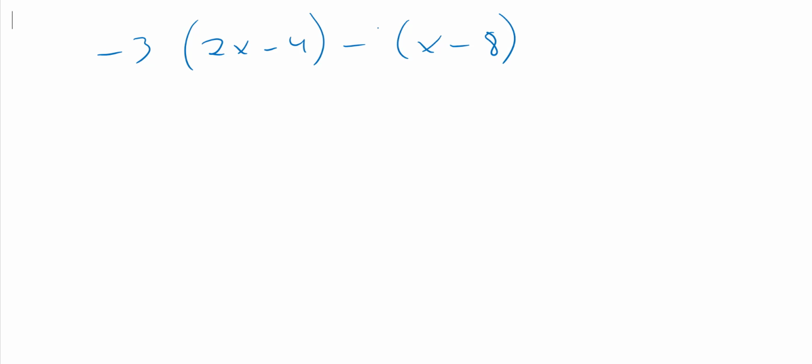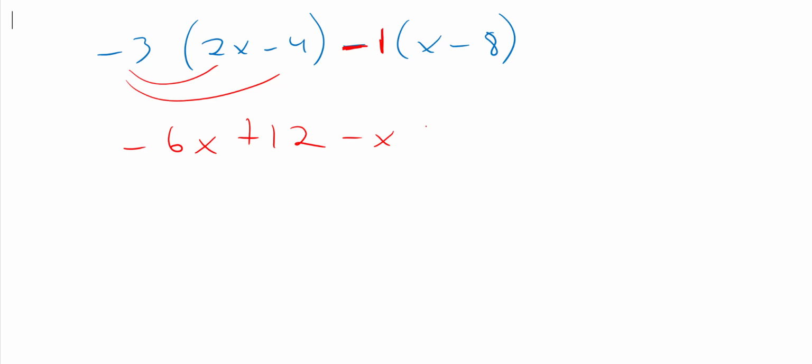So remember, if that helps, make this a negative 1 here to help you distribute. So it's going to be negative 3 times the 2x and negative 3 times the negative 4. Negative 3 times 2x is negative 6x, and negative 3 times negative 4 is positive 12. And then negative 1 times x is negative x.